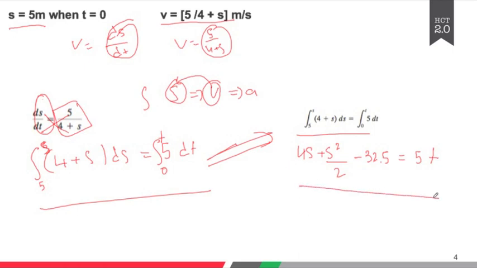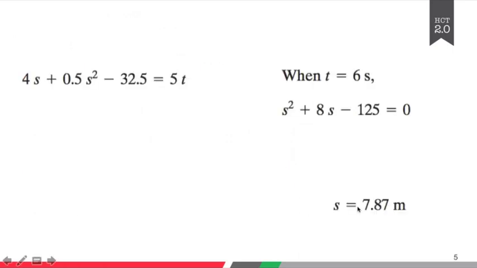So we can simplify this equation to get 4s plus 0.5 s squared minus 32.5 equal 5t.